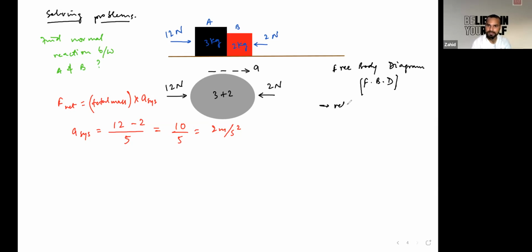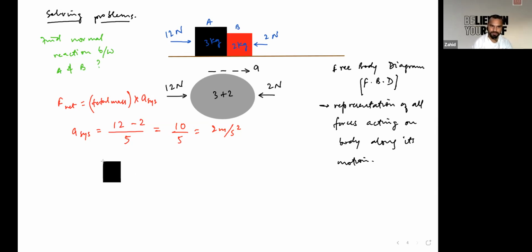So from this, if we define it for the 3 kg block and the 2 kg block individually, we have the 3 kg block and the 2 kg block.